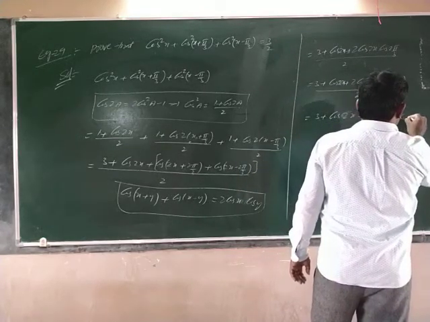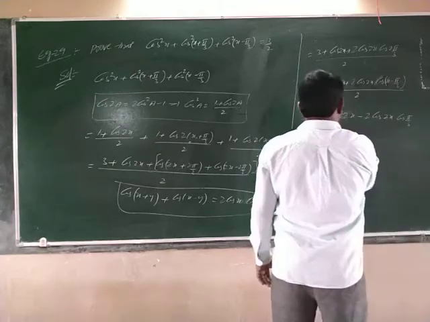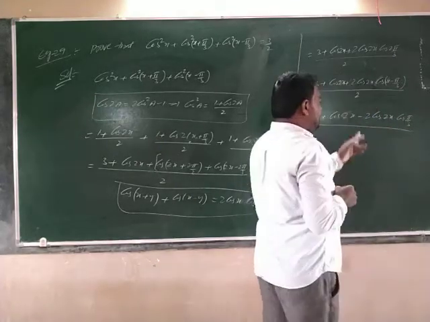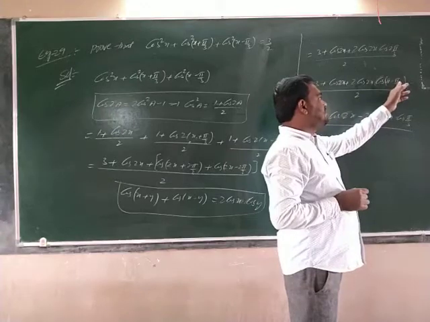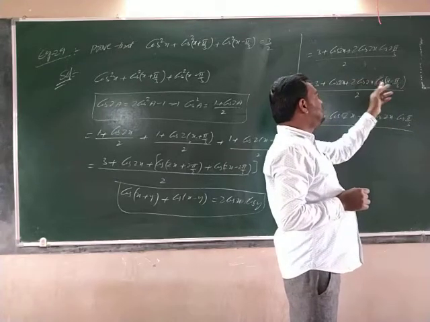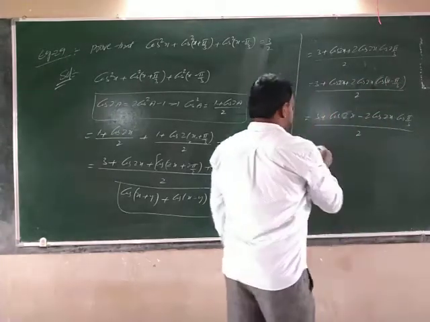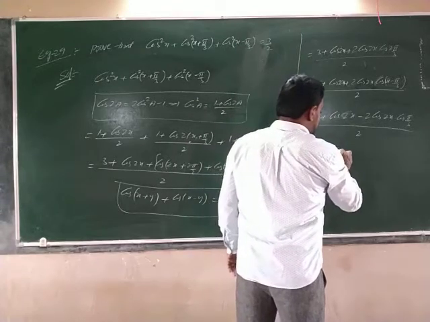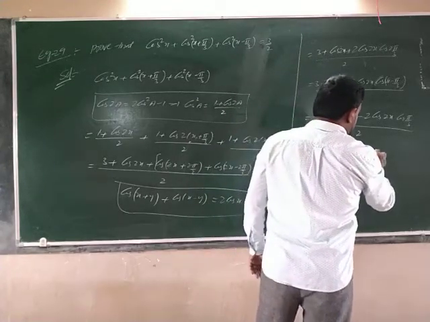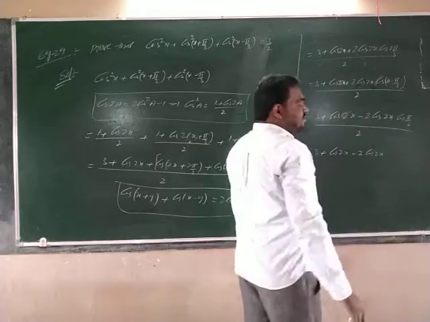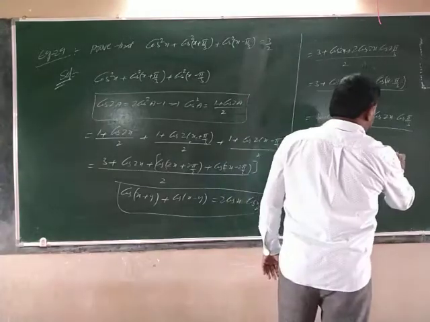Understood? Cos of 180 minus theta is minus cos theta. Plus into minus. So this is equal to 3 plus cos 2x minus 2 into cos 2x into cos pi by 3. Cos 60 value is 1 by 2.